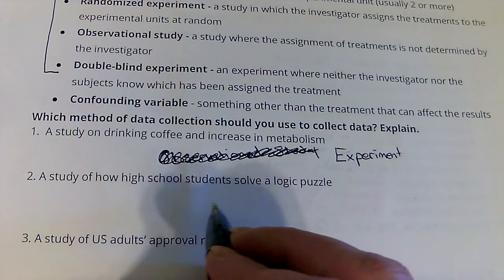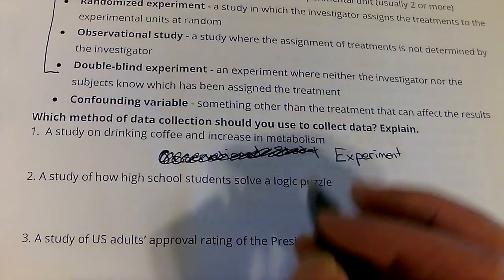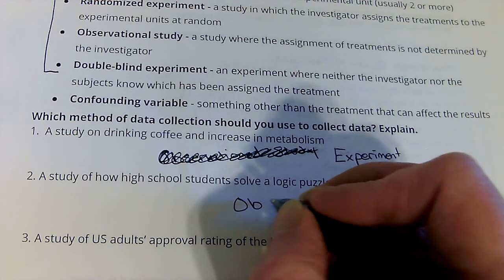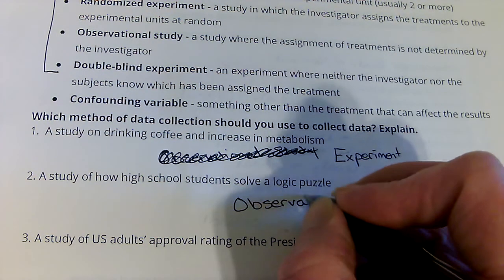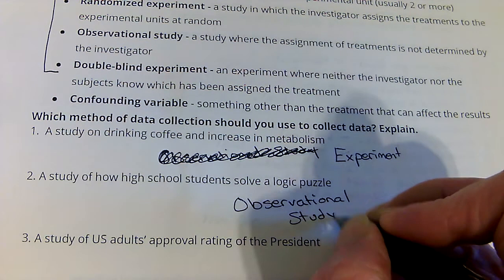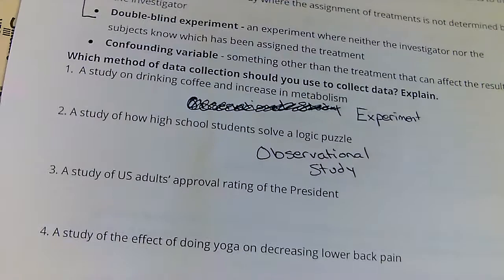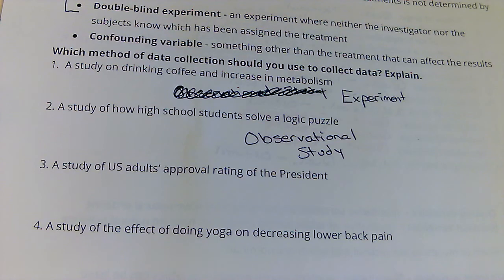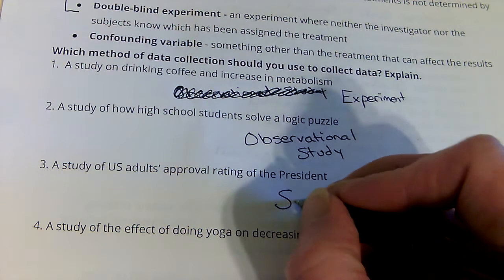A study of how high school students solve a logic puzzle. That would be observational. You would be just watching. A study of U.S. adults' approval rating of the president. Is that an experiment? That would be a survey.